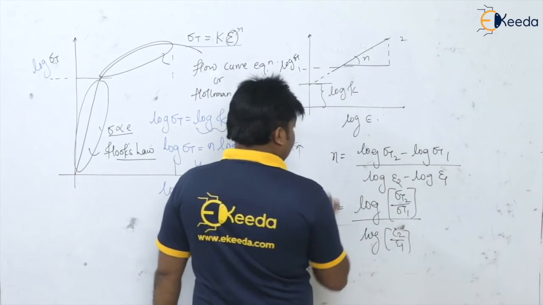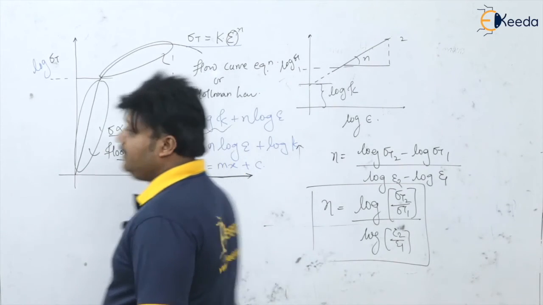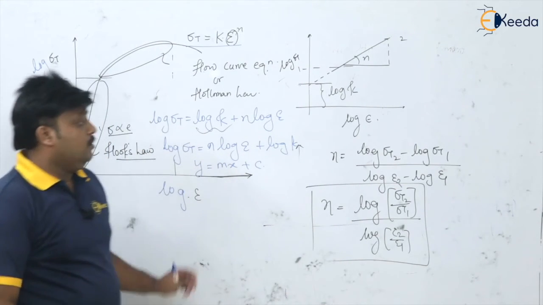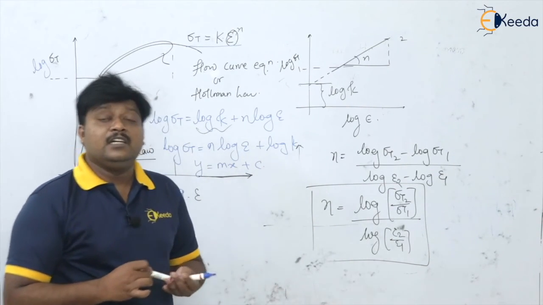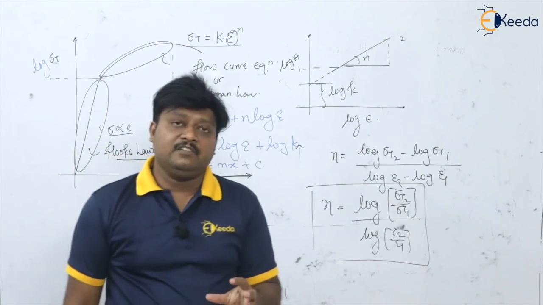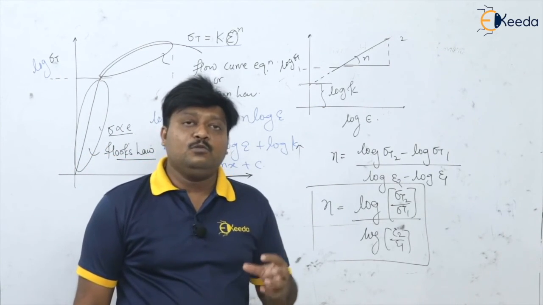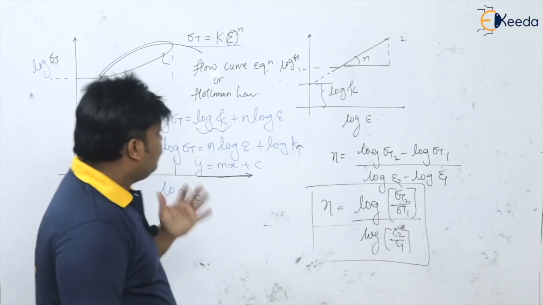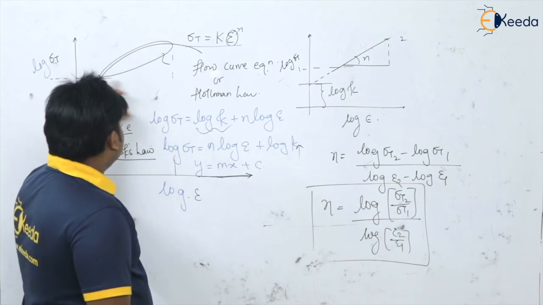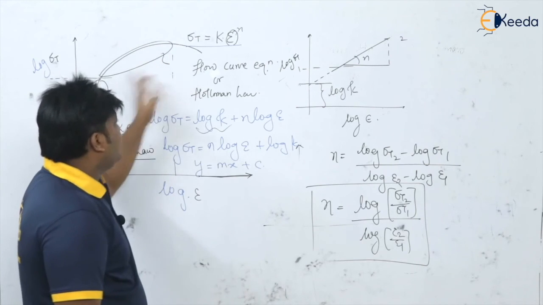I can write n like this also, isn't it? So please remember this flow curve equation or this true stress-strain graph in the strain hardening region.